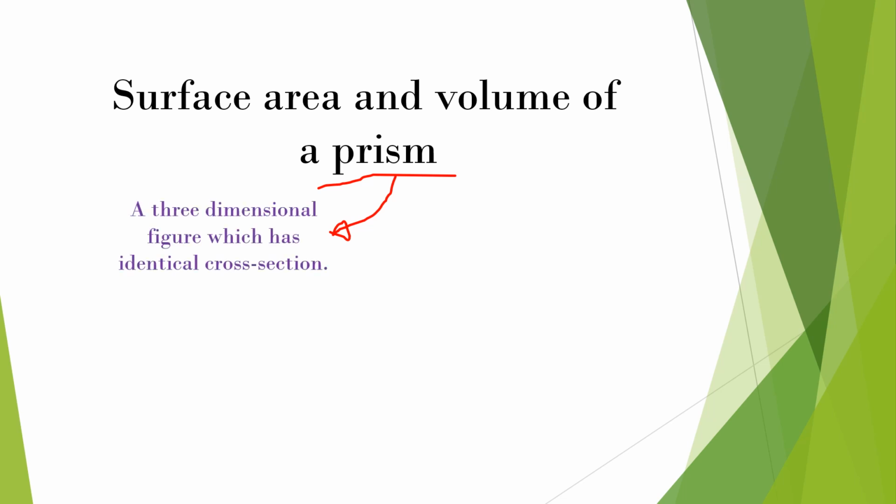A prism is a three-dimensional figure which has an identical cross-section. Identical means the same cross-section. What is a cross-section?